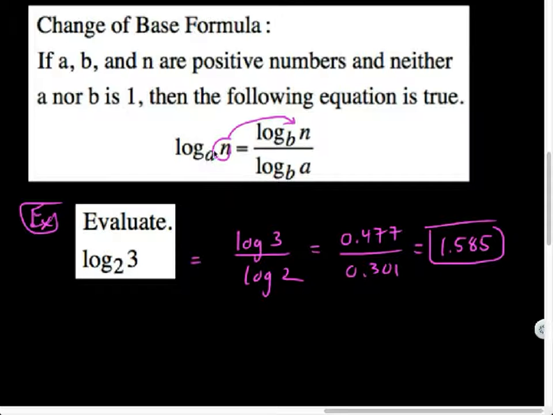We take this, and it's the inside of the log on the bottom. And now I can answer these questions. So 1.585, what does that mean? That means that 2 to this power is equal to 3. That's what that is referring to, if you want to think of this answer exponentially, so to speak.